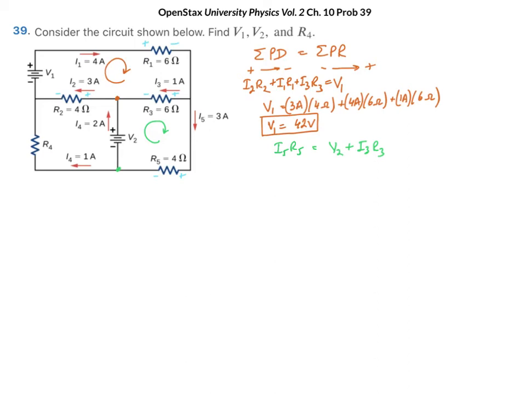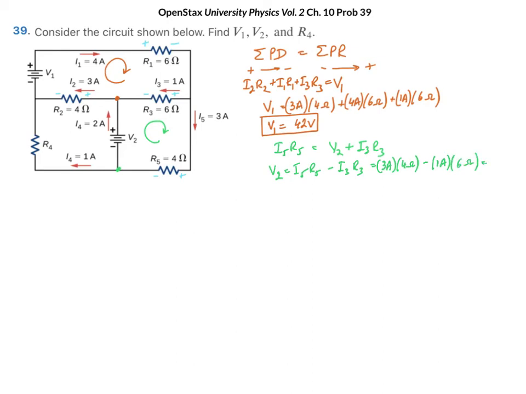So now we solve for V2. So V2 is I5, R5 minus I3, R3. So I5 is 3 amps, R5 is 4 ohms, I3 is 1 amp, and R3 is 6 ohms.